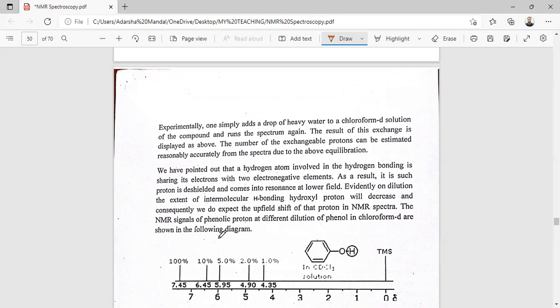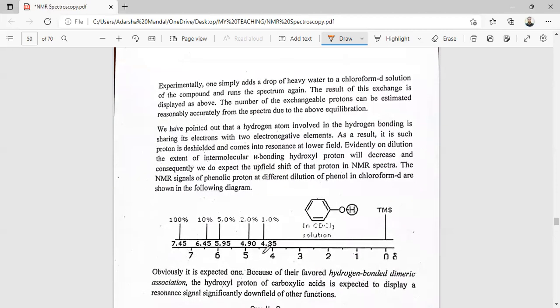So the NMR signal of the phenolic proton on gradual dilution of phenol in chloroform-D is shown in the following diagram.